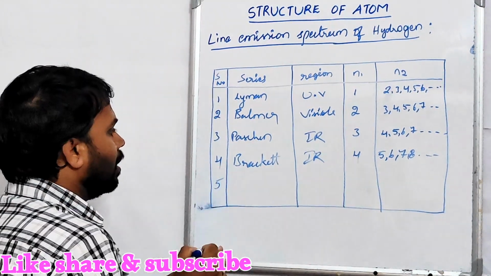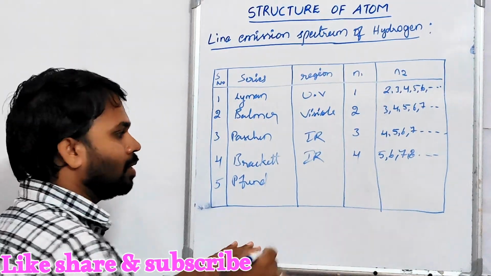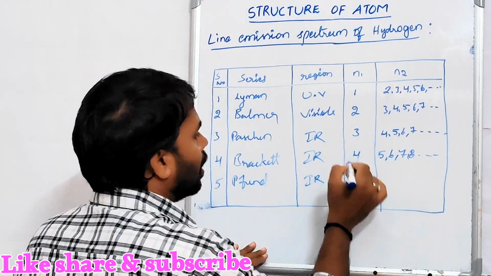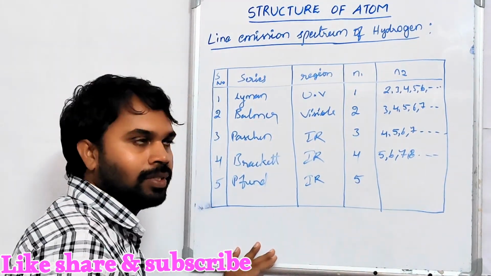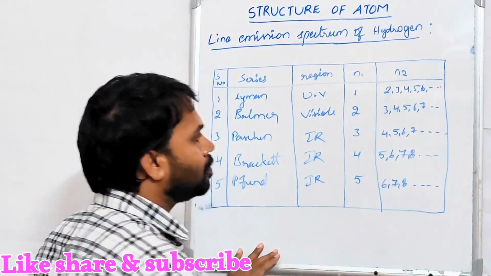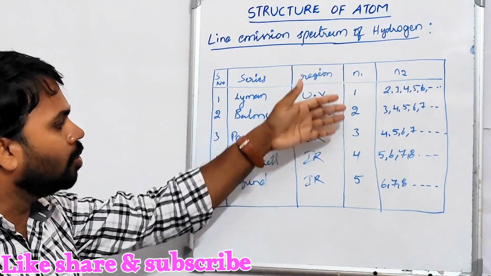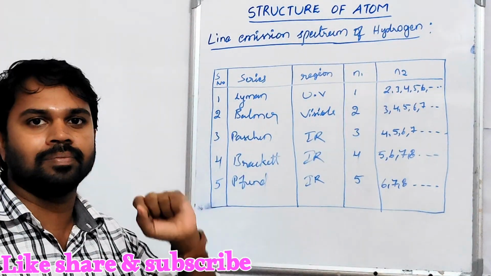Next, the fifth one is the Pfund series. It is observed in the infrared region. Ground state is 5 and excited states are 6, 7, 8 and so on. These are the series, regions, ground states and excited states.